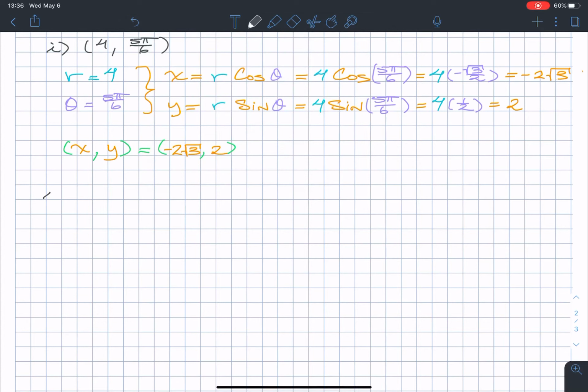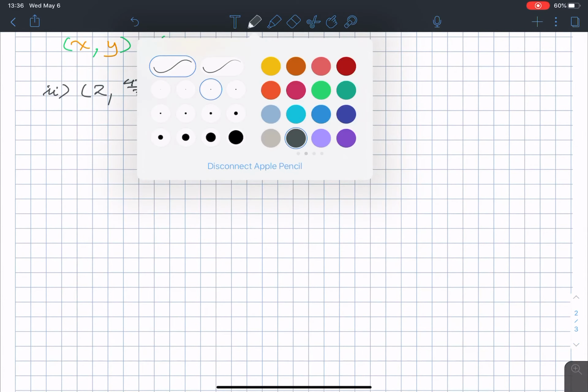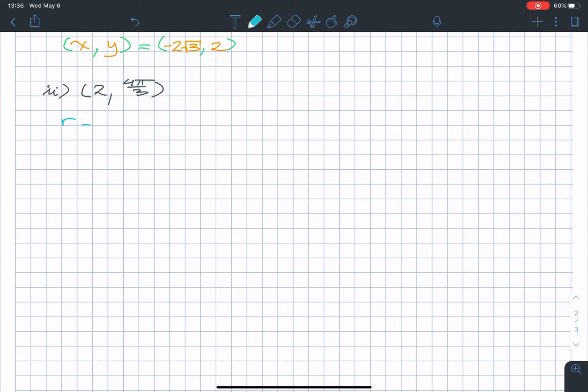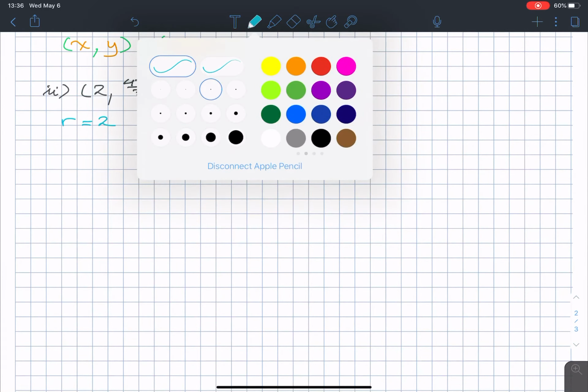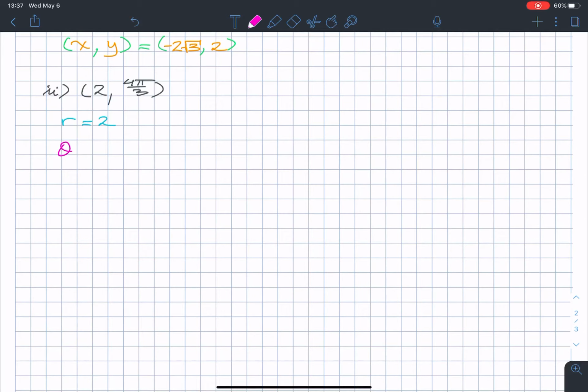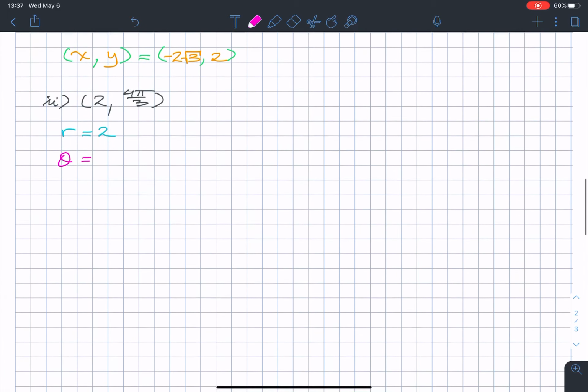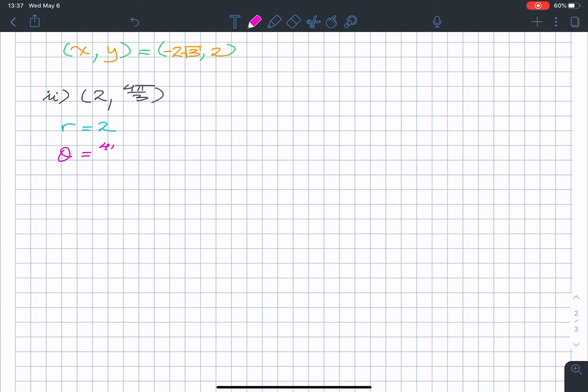Okay, so let's do another one. Number 2. So let's say we have the coordinate 2 comma 4 pi over 3. So once again, we have a radius of 2, and we have an angle theta of 4 pi over 3. Sorry, I changed the color scheme.